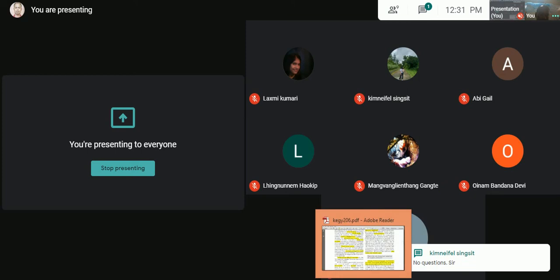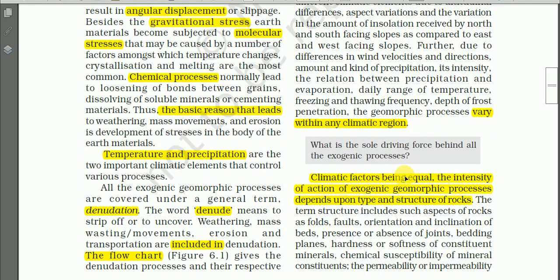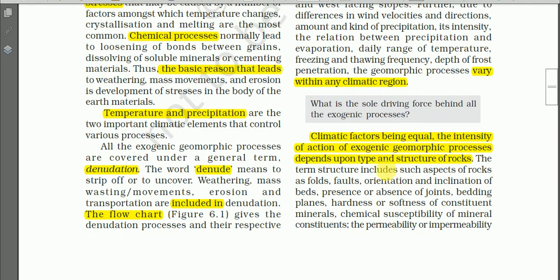Okay, let us continue one more paragraph. So here one very important statement is given. Climatic factors being equal, the intensity of action of exogenic geomorphic processes depends upon the type and the structure of the rocks.